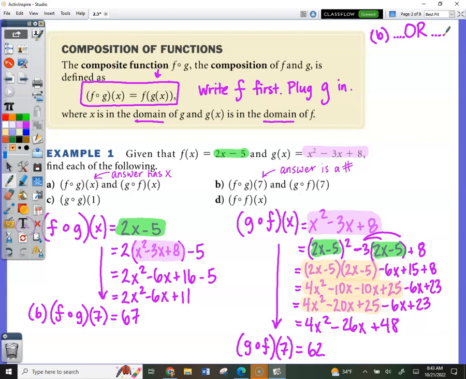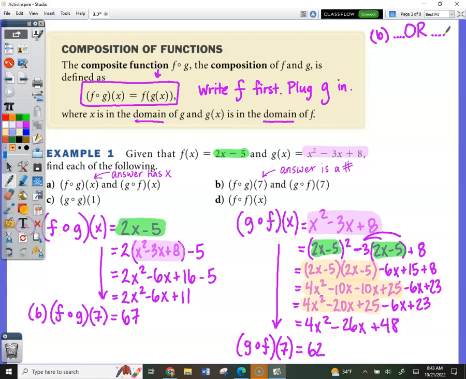Because you don't want to go through all of this if you don't have to, right? You know the goal is just to plug 7 in. So there's no reason to clean it all up and run the risk of making mistakes when all you really needed to do was plug 7 in.